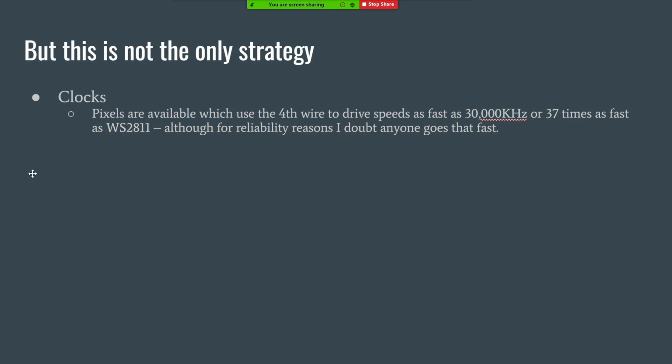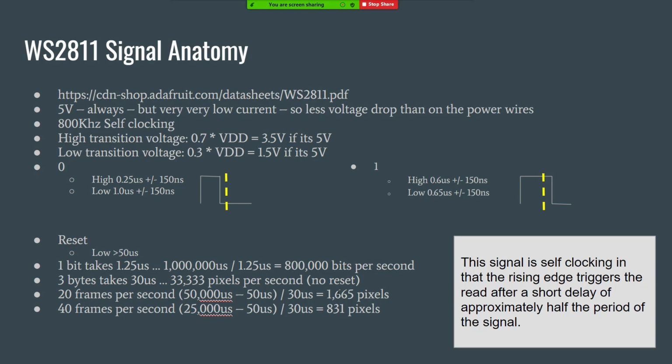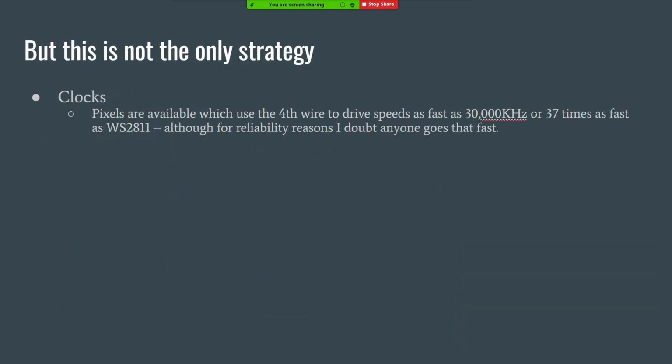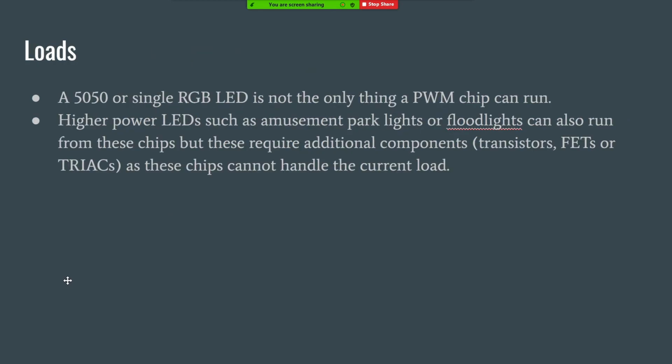So if you really wanted to drive hypothetically more pixels and get yourself away from this 800 kilohertz limit, which is largely driving these limits, you could hypothetically move to something faster. Now you'd need a controller that was able to drive things this fast, and I'm not even sure they exist, but that's it.